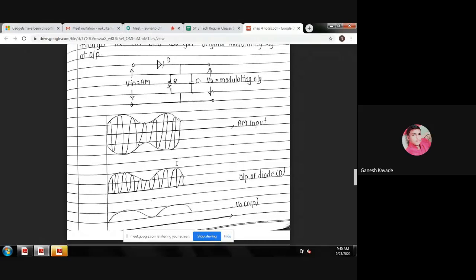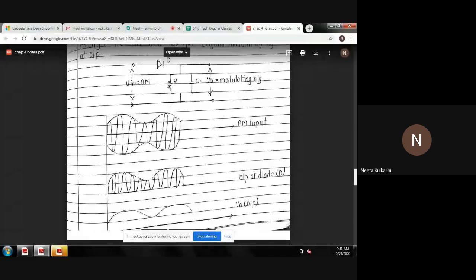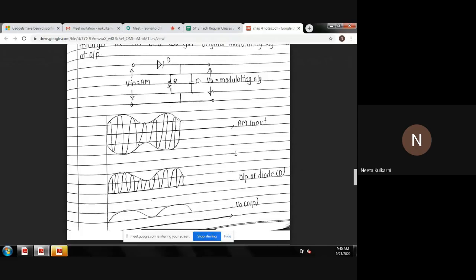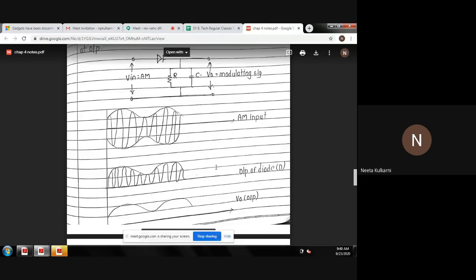Yes. Always you remember, whenever there is demodulator side, at that time we are using the low pass filter. नेहमी लक्षात ठेवा, demodulator मध्ये low pass filter आपण use करतो. Okay. So this is the low pass filter. It is used at the receiver side and then we get the output in the form of modulating signal. This is the working principle of the envelope detector.